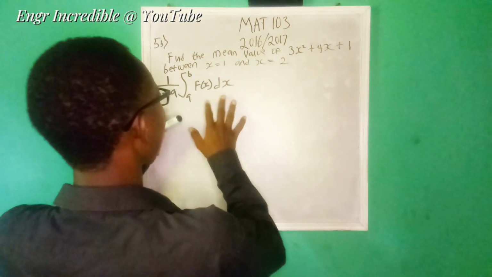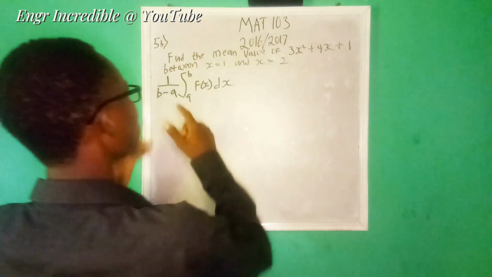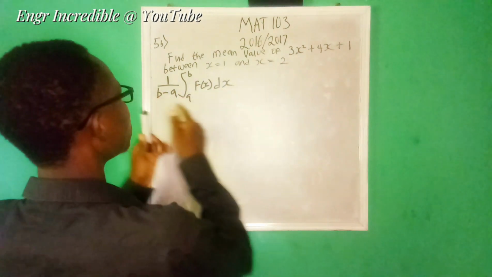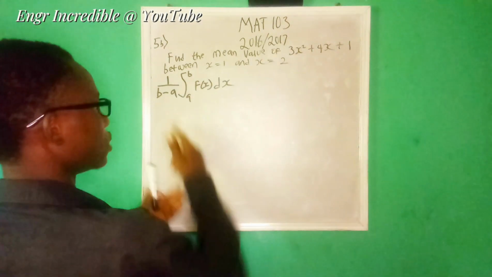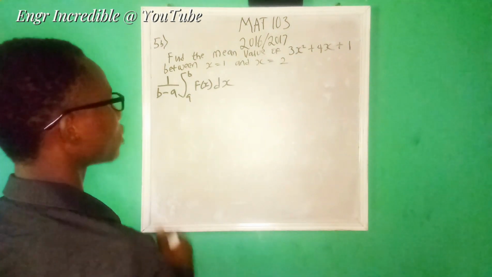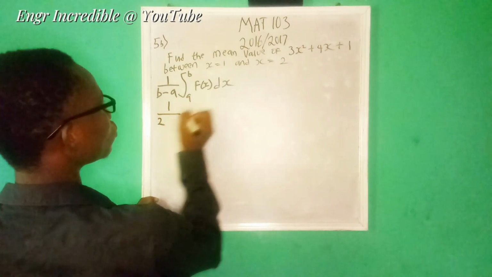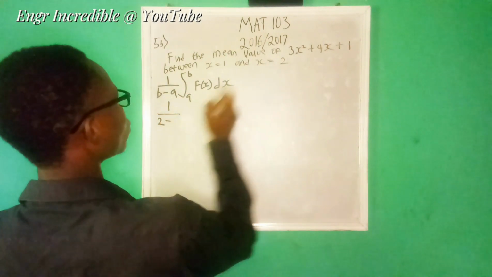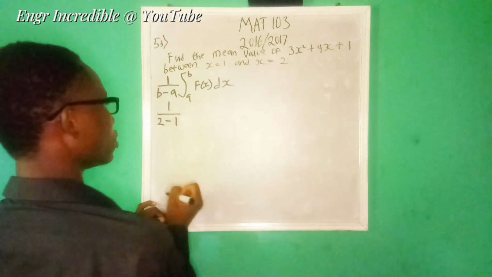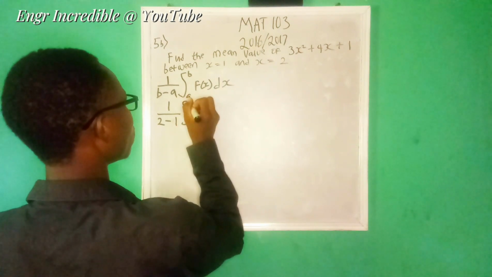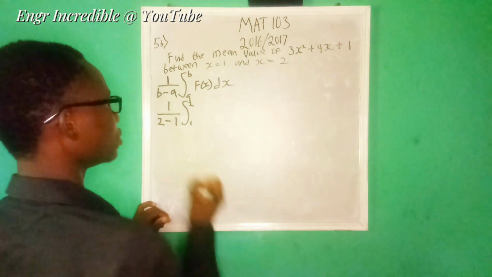So this is what we are going to be inputting here. And note that 2 is equal to b and 1 is equal to a. So from here we can continue. We will have 1 over 2 minus 1, integral from 1 to 2.